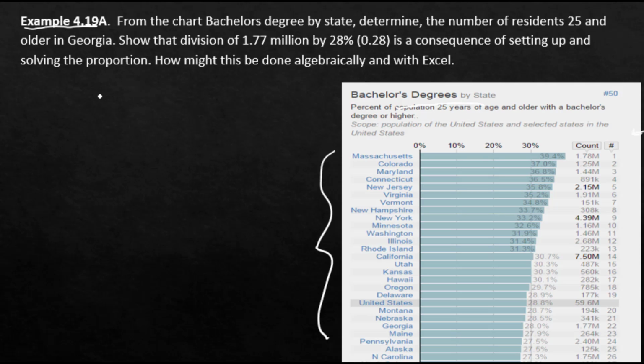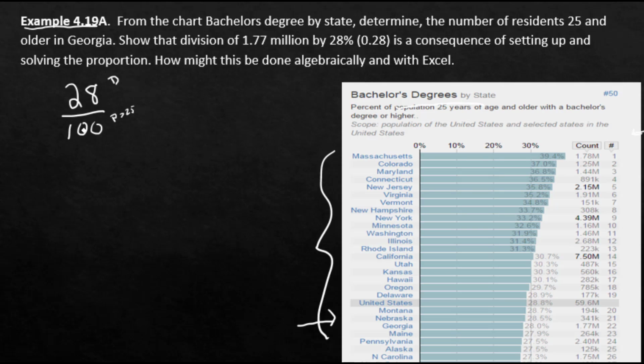So what we have in Georgia, it's hard to see, it's down about right here. Georgia has 28% of its population. That means 28 out of 100 have bachelor's degrees. I'm going to put D for degrees and P for people greater than 25.